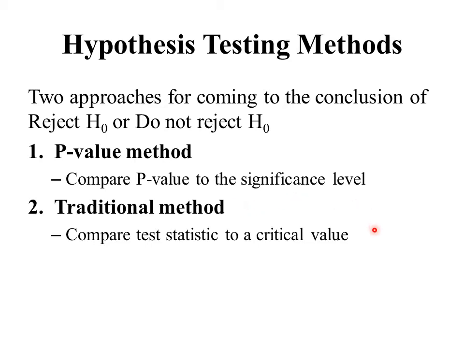We compare the test statistic to a critical value, and then we either reject the null hypothesis or do not reject it based on whether the test statistic is larger than the critical value or less than the critical value. In this chapter, we're going to start doing some traditional method hypothesis tests. We will have one that's done with a p-value, but most of them are going to be done with this traditional method.